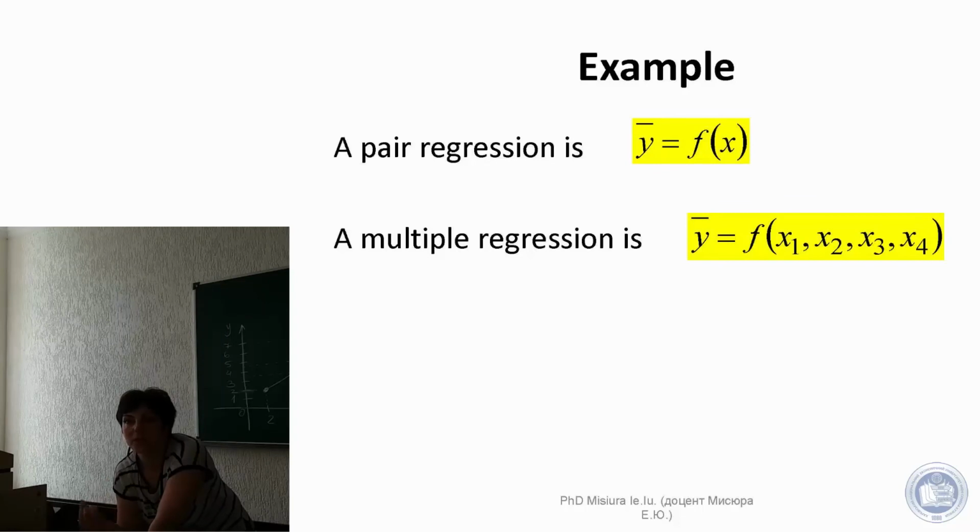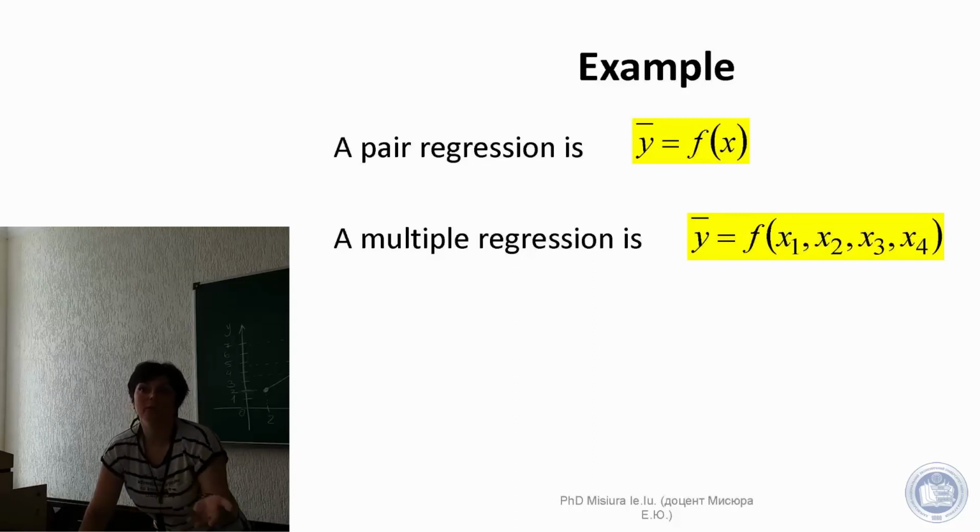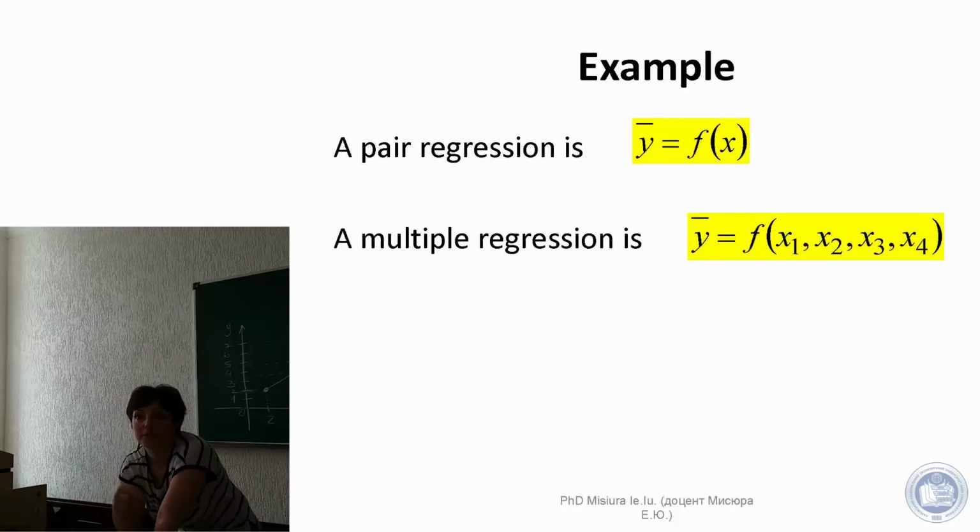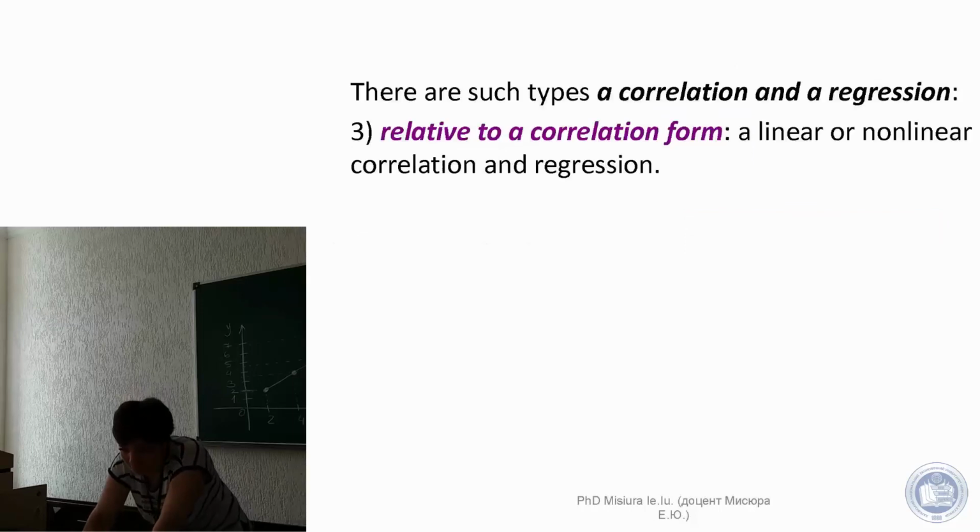How many values of x do you have? 4. We have 4 different variables, x1, x2, x3, and x4. Agree? So for example, x1, x2, next, x1, x2, x3, and so on. Please remember, we have two types, pair regression and multiple regression. Парная и множественная. Okay, let's continue.